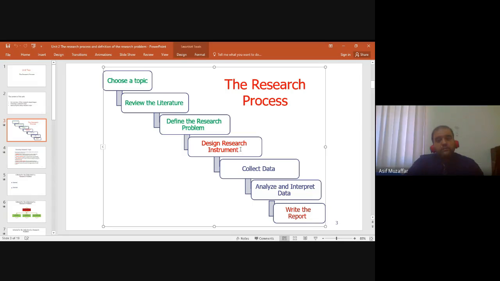Then you have to design a research instrument. If you have exploratory research, a totally new problem, if you claim that your problem is totally new, then you will be going for interviews. Otherwise, you will design a questionnaire.